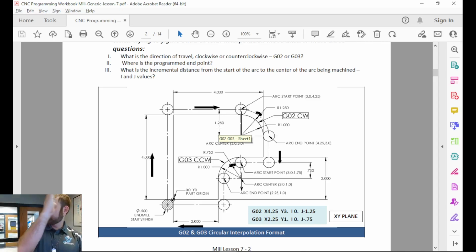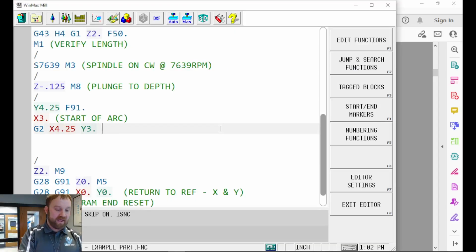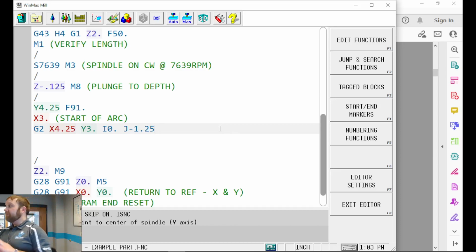The X is lined straight up with it, so the I would be 0, the J would be negative 1.25. In an incremental situation, if it's 0, you don't have to put it. I don't have to put the I there for that to work.